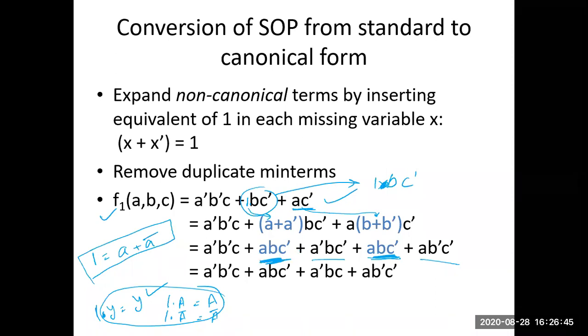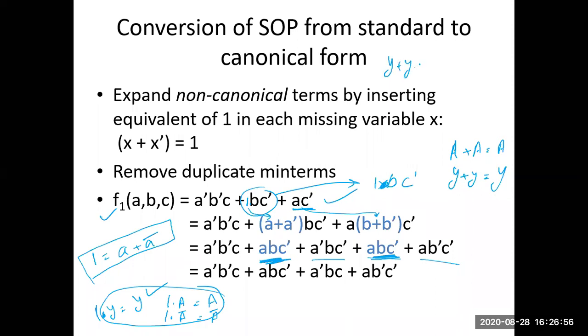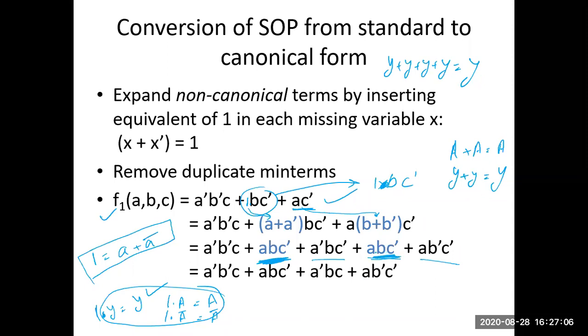So I can remove one, because A plus A is basically A, or any expression Y plus Y is Y, or even if I write it 4 times, Y plus Y plus Y plus Y, it is Y. Writing it 2 times or a single time will not change my expression. That's why I'm combining these two and writing it a single time.